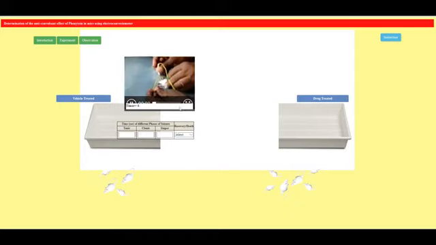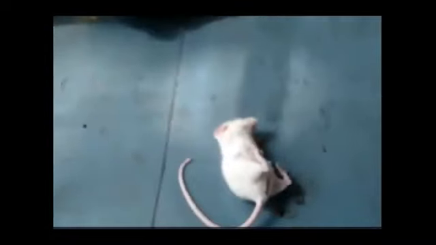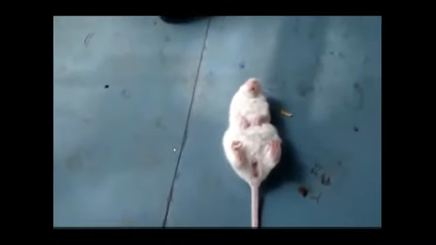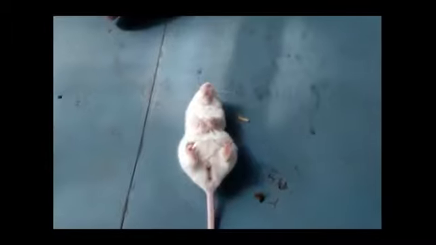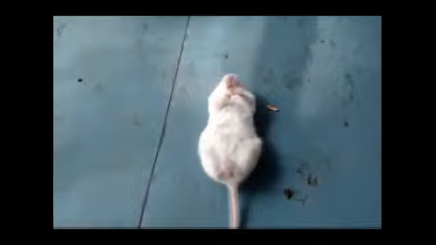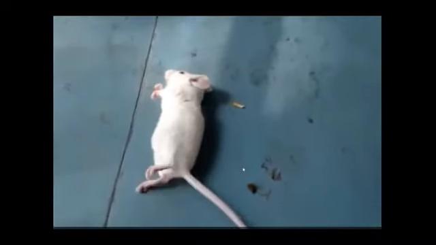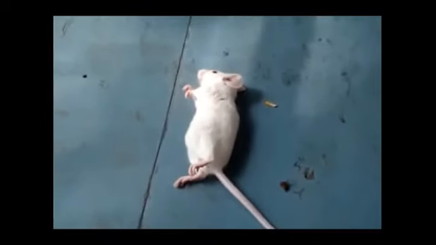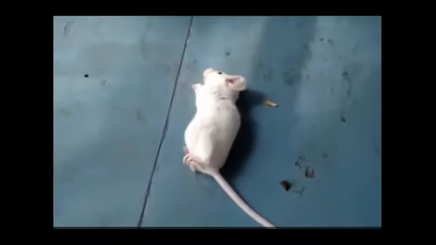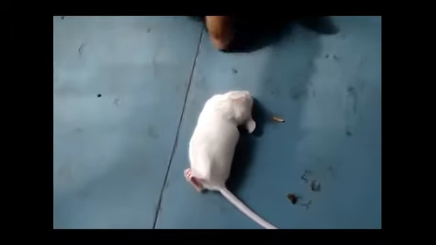Next, I am selecting another animal for the same experiment. Let me see how much time it is taking. First it is shivering, taking about 14 to 15 seconds, and the rapid jerking can be seen for another 14 seconds, and now the mouse is trying to get up and move.